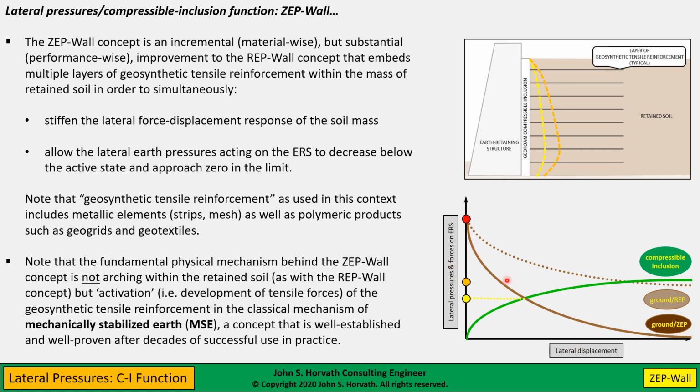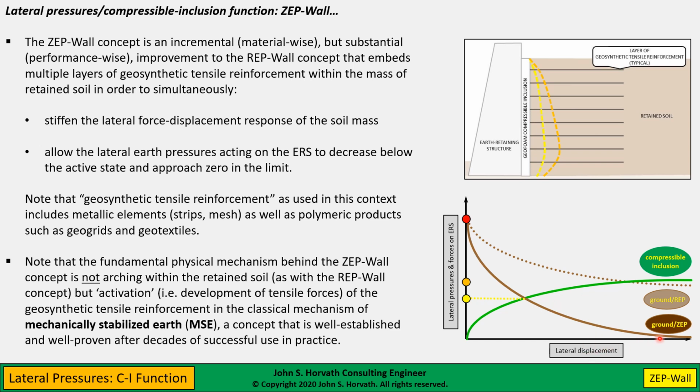This force displacement relationship of the reinforced ground, this is within our control, at least within reason, as design engineers, right? Depending on what type of reinforcements we use, metallic versus polymeric, what type of polymeric, how closely spaced, et cetera, et cetera. So we can control the shape of this curve, and of course we control the compressible inclusion curve as well.